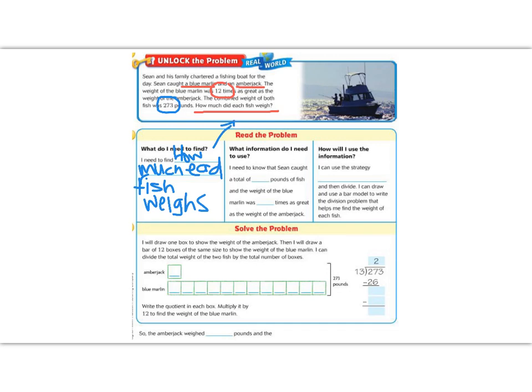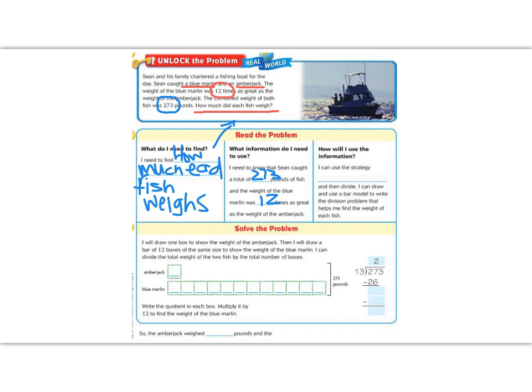What information do we need to use? We need to know that Sean caught a total of, let's go back and look for our total. It was 273, so he caught a total of 273 pounds of fish. And we also need to know that the weight of the blue marlin was 12 times as great as the amberjack.